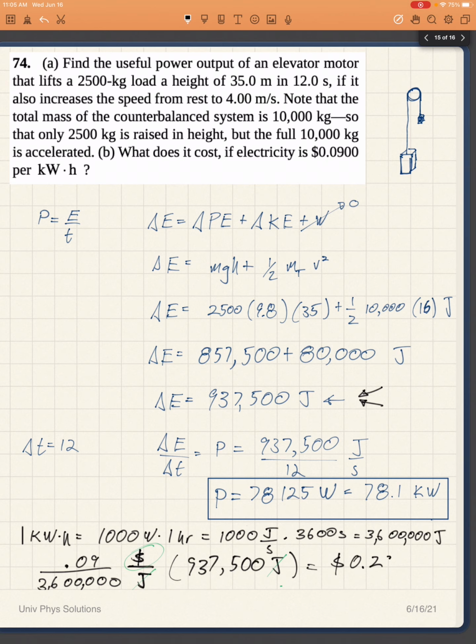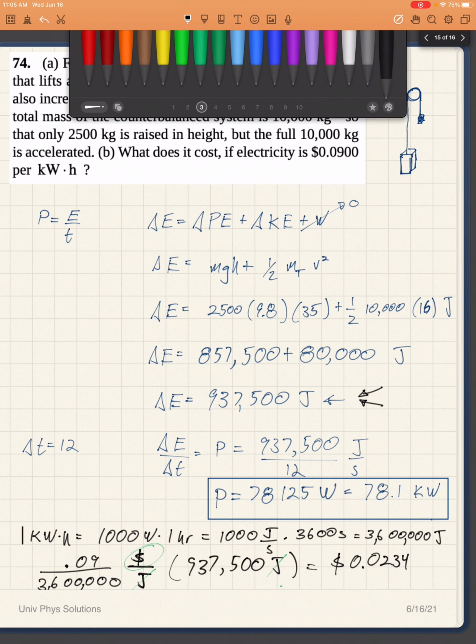No, 0.0234. So about 2 cents. Okay, I hope that helped.